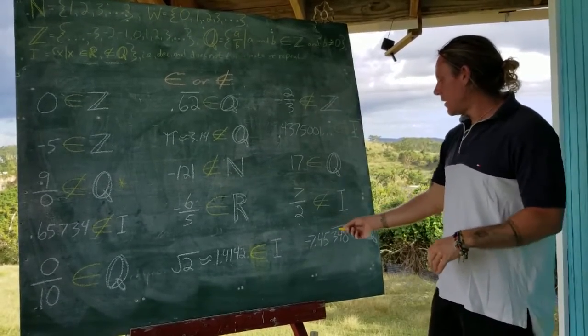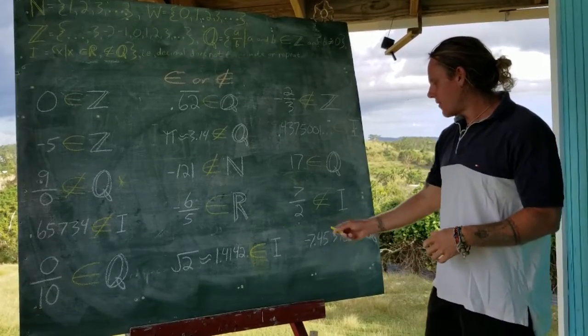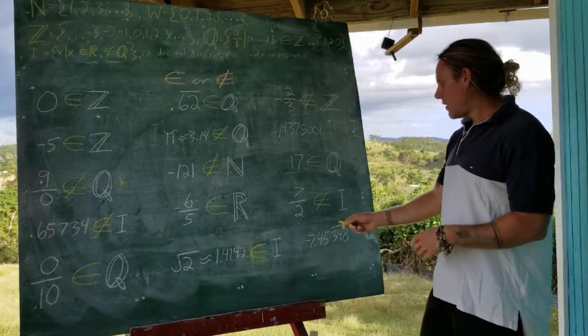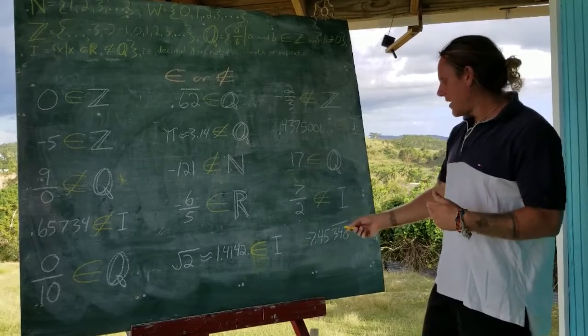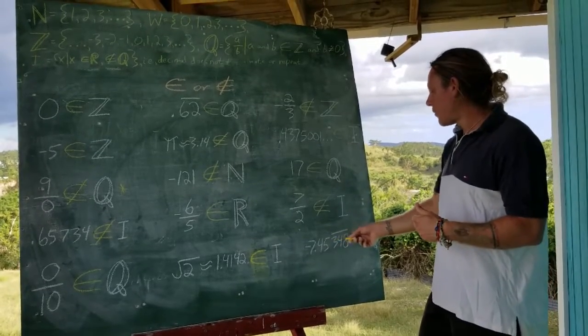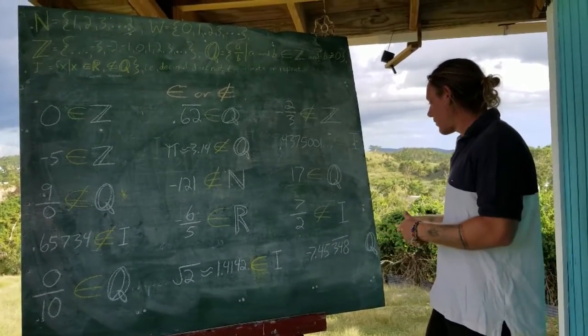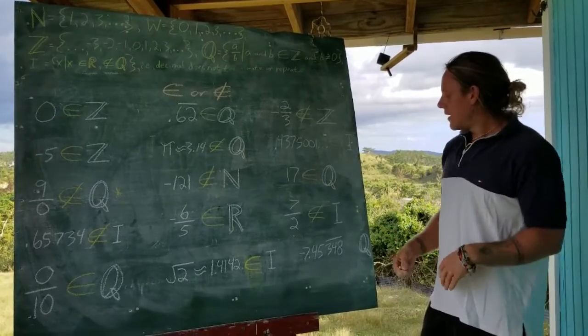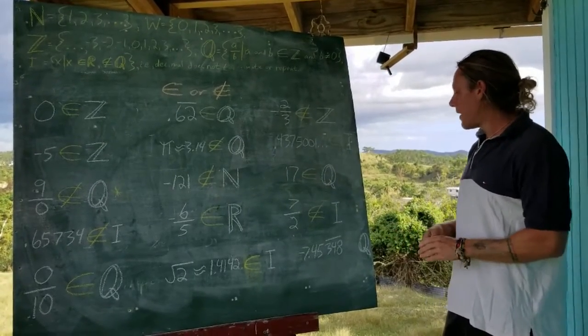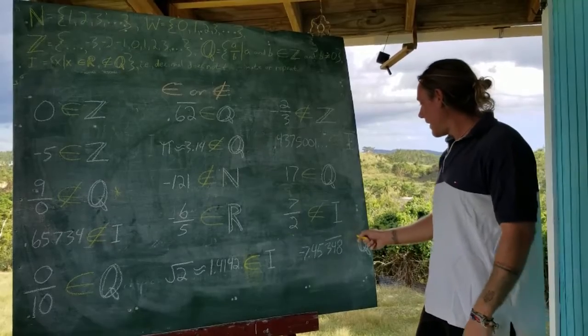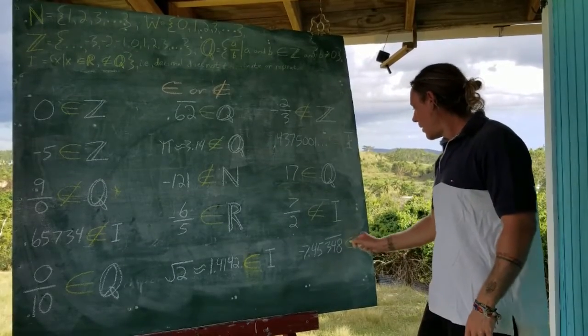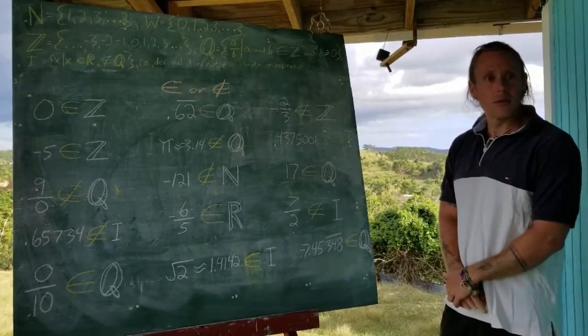The repeating is good, but what about this 4 and 5? Well, the decimal may start as non-repeating, but it ends repeating forever, 348, 348, 348, 348. So it is repeating. So -7.45348 is an element of the rational numbers.